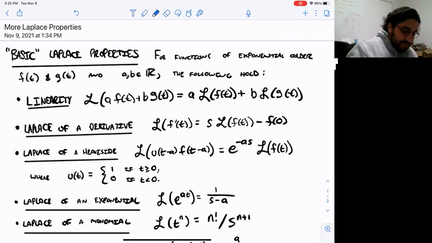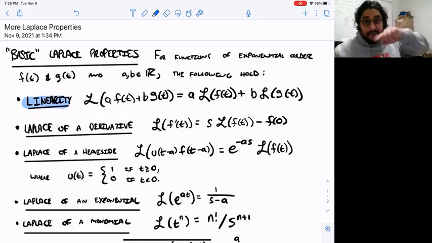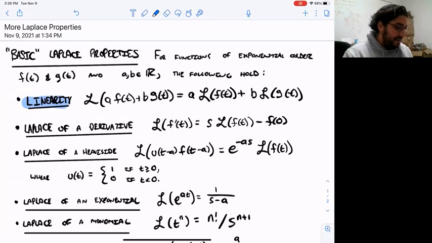So pretty much anytime you're solving a differential equation using Laplace transforms, you're going to apply linearity, right? The fact that constants pull out of a Laplace transform and that you can distribute a Laplace transform over different terms in a sum, that happens essentially every time you go to solve a differential equation.